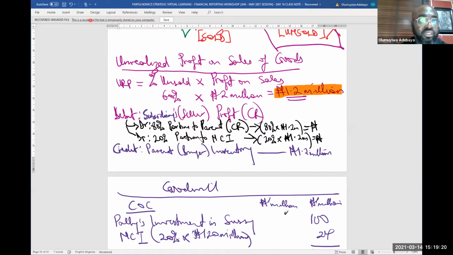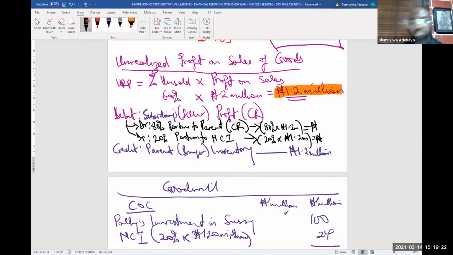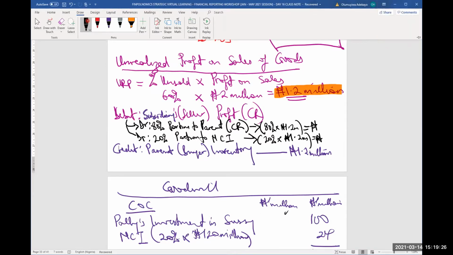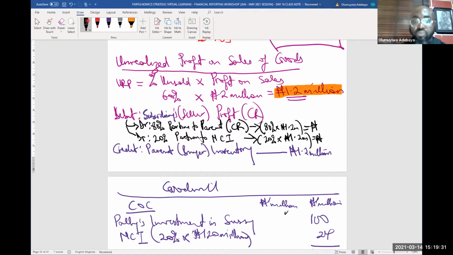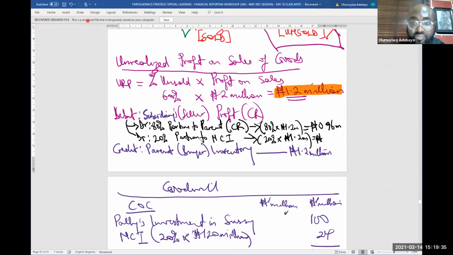Okay, who will give me 80% of 1.2 and 20%? 80% is 0.96. That's 960,000. And this should be 0.24 million. Now, that is just the difference in the question.